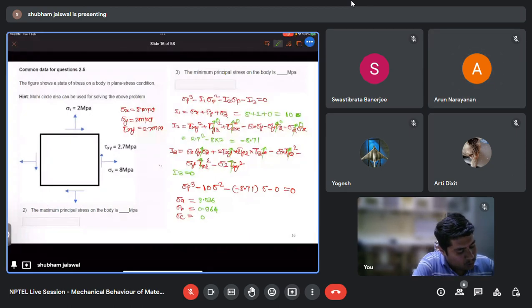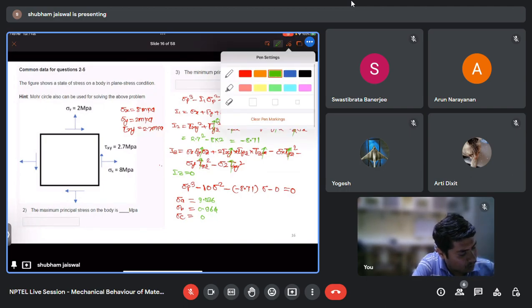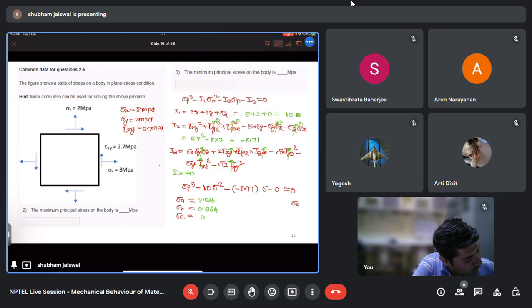What they are asking is the maximum principal stress on the body and the minimum principal stress in the body. As we are considering the case of plane stress, sigma 3 will not be there. By convention, we consider sigma 1 greater than sigma 2 greater than sigma 3. As this is the case of plane stress, we are not considering sigma 3.